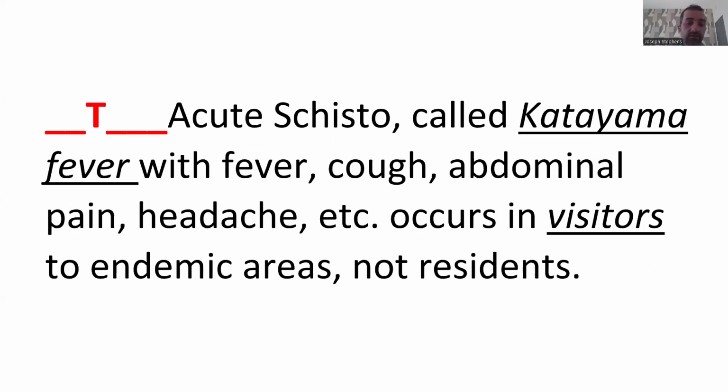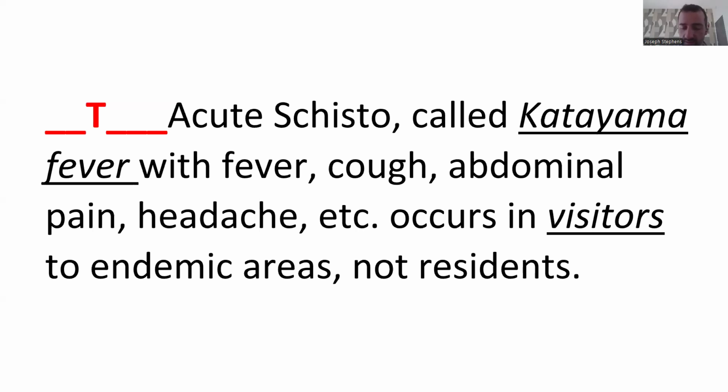Okay, true or false, acute schisto called Katayama fever with fever, cough, abdominal pain, headache, etc. occurs in visitors to endemic areas, not residents. And the answer to this is true because these people are infection naive and don't have immune buildup or immunity to schistosomiasis.